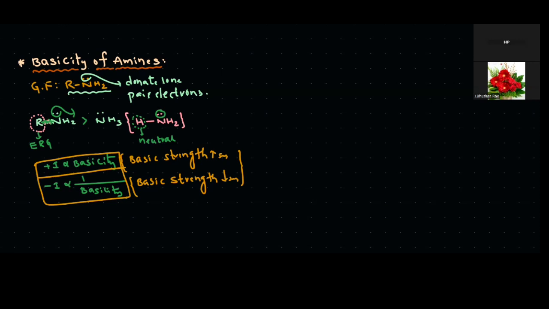Now, one general example. A, CH3CH2NH2, which is the ethylamine molecule.